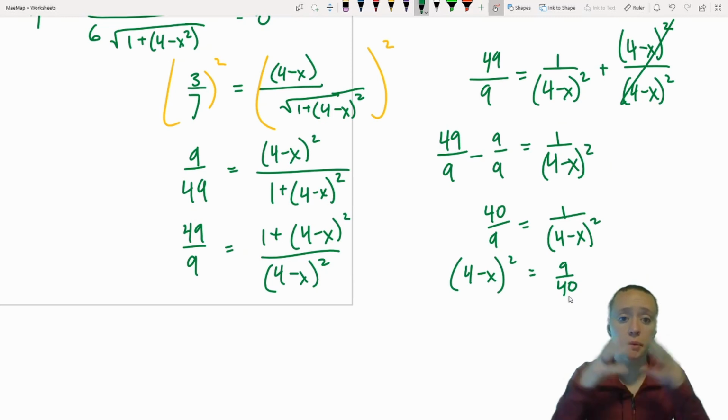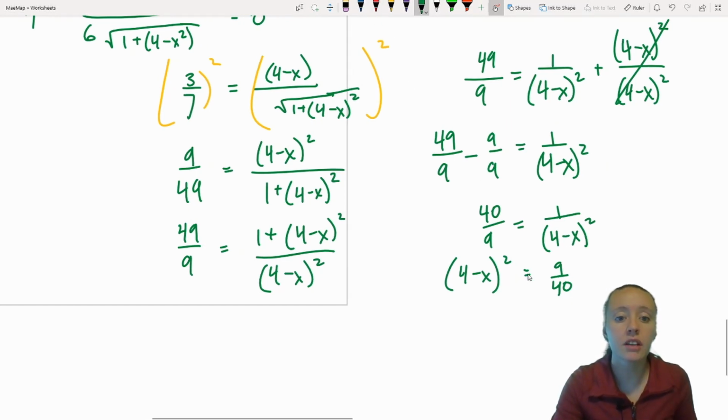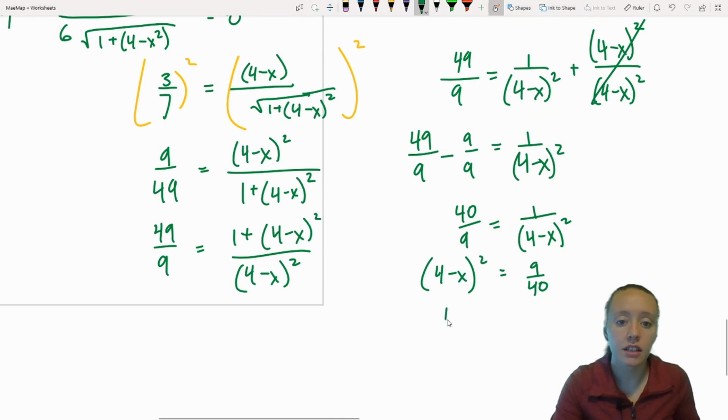Now I'm starting to get closer. I can either distribute this binomial through, or I know that (4 minus x) squared is going to be equal to 9 over 40. So I'm going to see when 4 minus x equals the square root of 9 over 40. The square root of 9 over 40 is going to be 3 over the square root of 40.